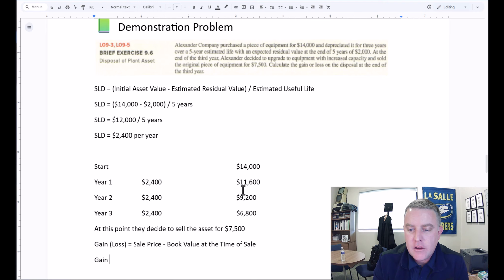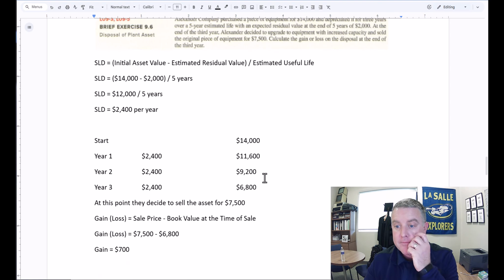So the gain or loss is equal to the 7,500 sale price minus a book value of $6,800, which we just calculated above. This gives us a positive number, and so we have a gain of $700 on this asset. Okay, so that answers the question.